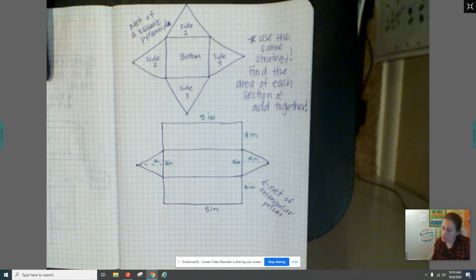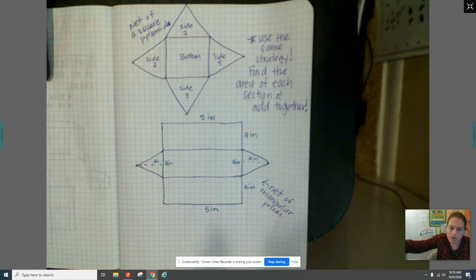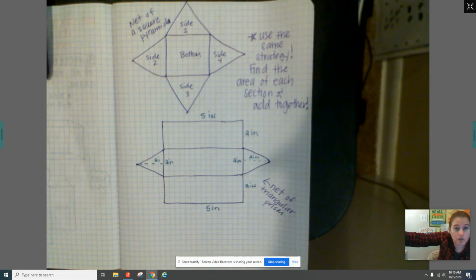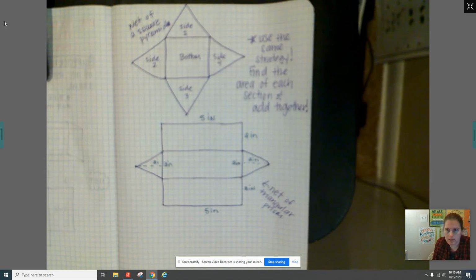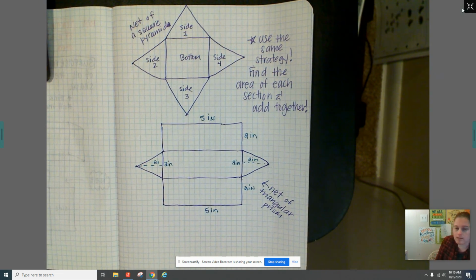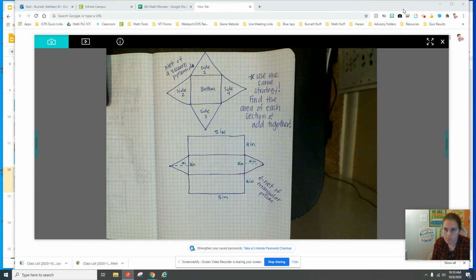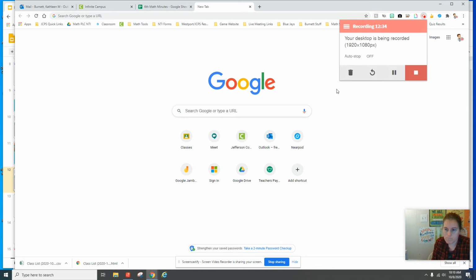Now at this point, you're just treating it like a compound shape. You're finding the area of each section, and then you're adding your areas together, okay? I'm gonna pause this video because I wanna give you a second to work on it, okay? And I'll come back in a minute and you can see how you did. So I want you to pause and try to figure it out, and then we'll see how you did.